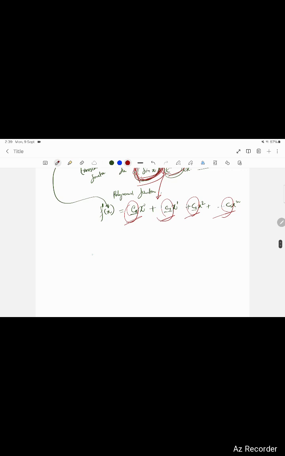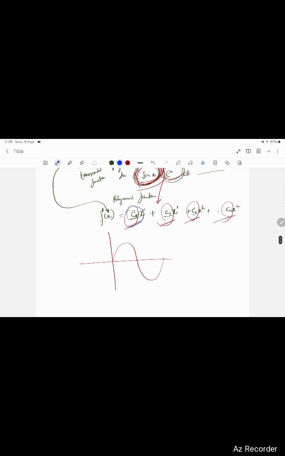Let us suppose we are approximating this sine function. So this first term is actually making a straight line. So here sine of 0 is 0, so it is drawing a line here.